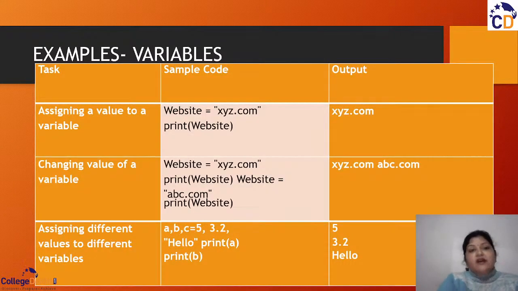Then we have discussed how to define the variables and how to assign values to a variable, with regard to the type of data. Basically, it can be used for holding any type of data. It could be a string, a number, a floating point number, or digits only.